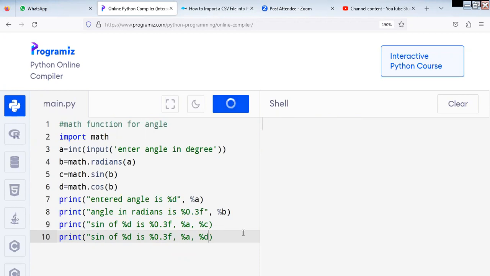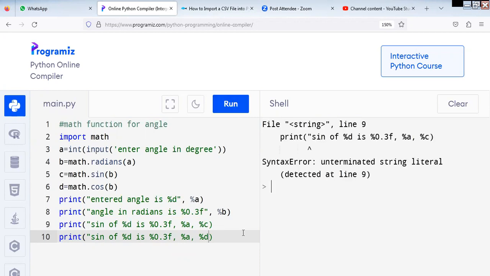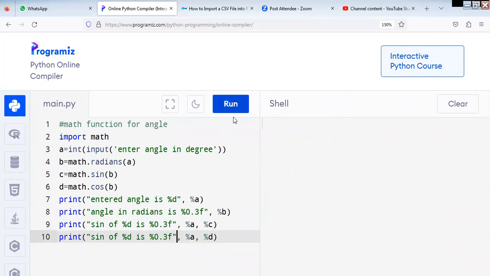So if I run this now, sine of it is percentage A. Here it is not completed. Scope is not completed, that's what it's doing.